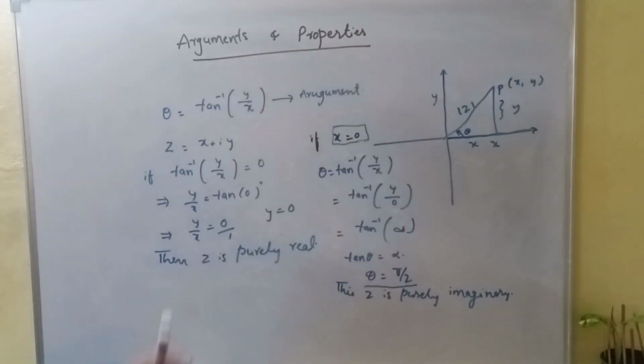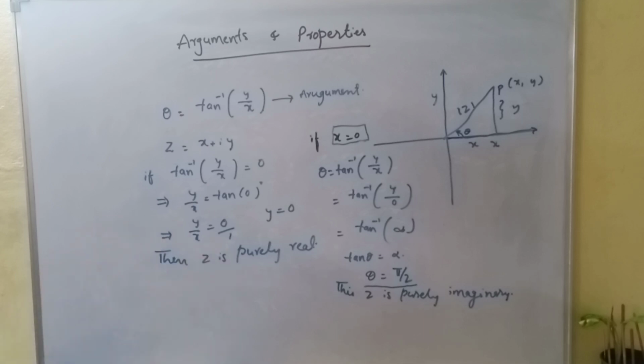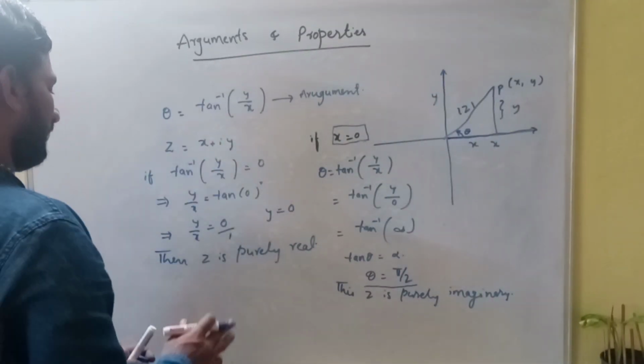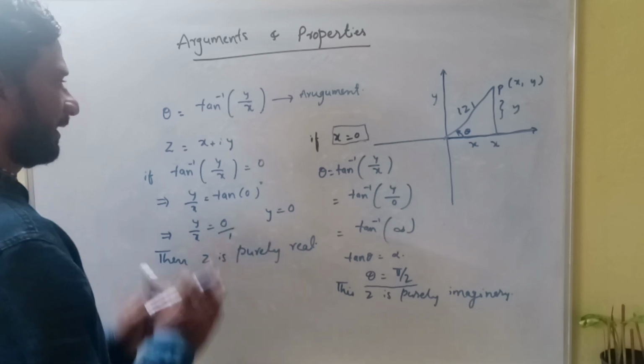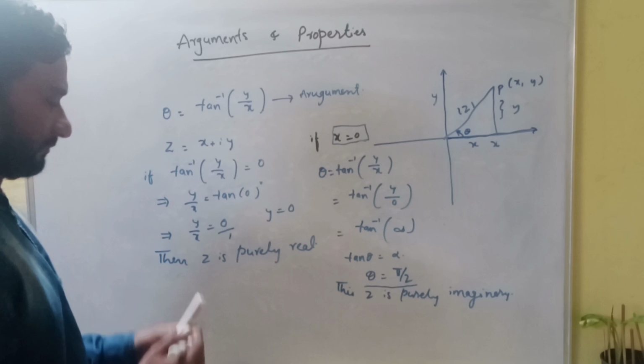From this what we can conclude is, if the complex number is purely imaginary, then we take the real part as 0. And if the complex number is purely real, then we can take the imaginary part as 0.